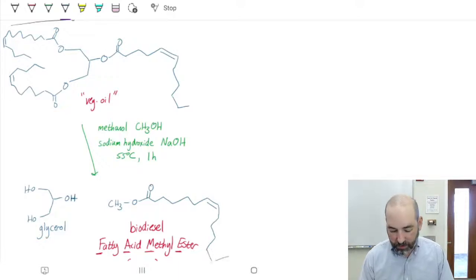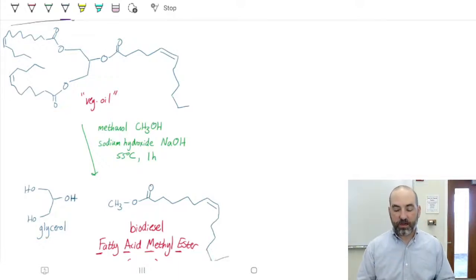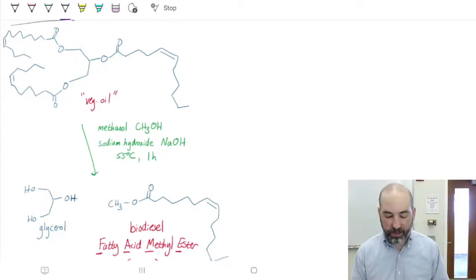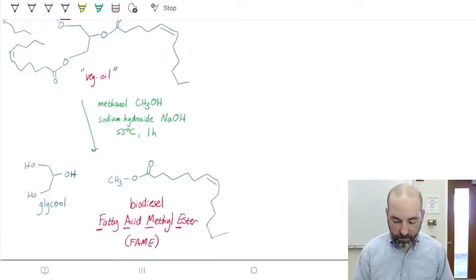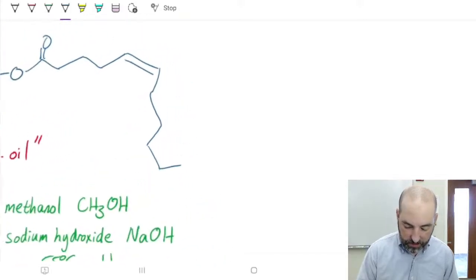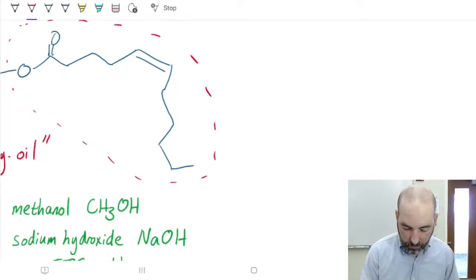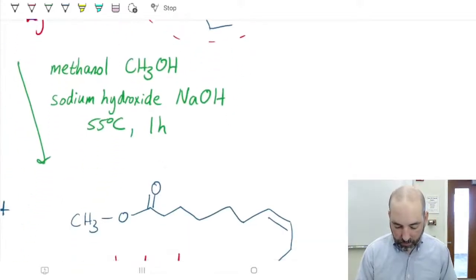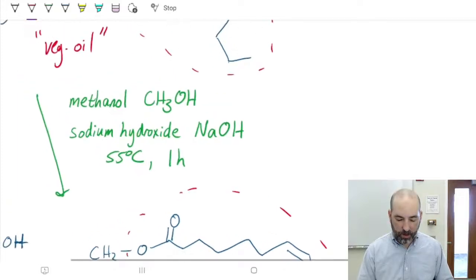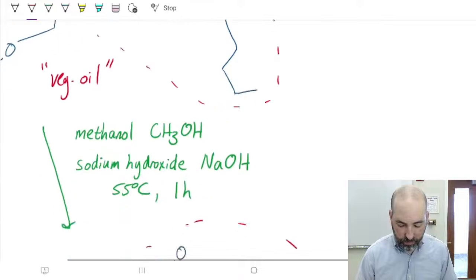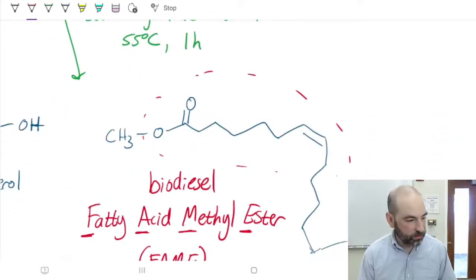All right, so can you start to see how the vegetable oil became this molecule down here? Hopefully you can see that this fatty acid is the same basic structure as we have down here, but instead of being connected to the glycerol, it's now connected to this methyl group.